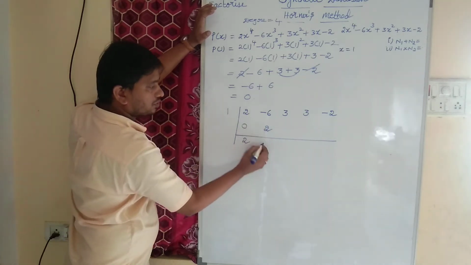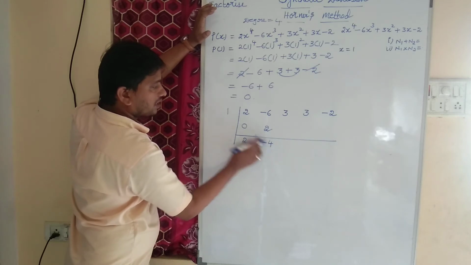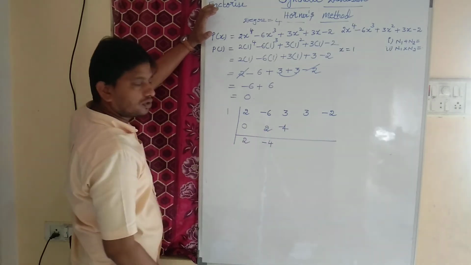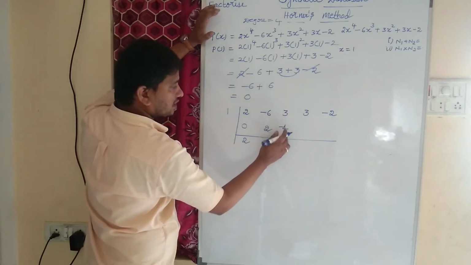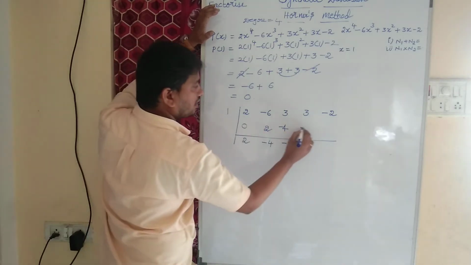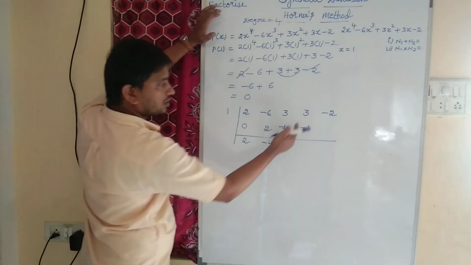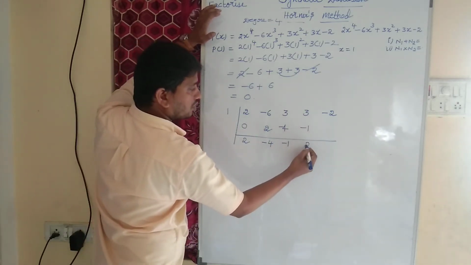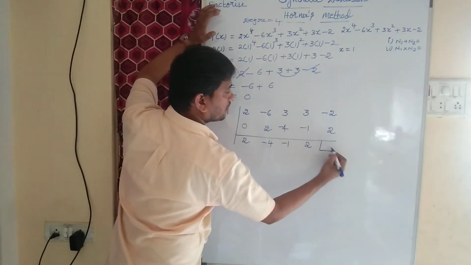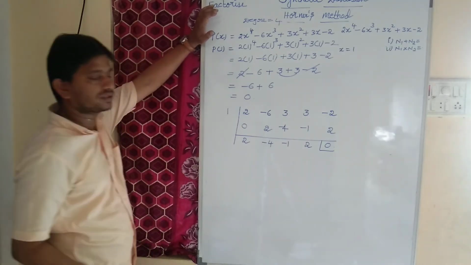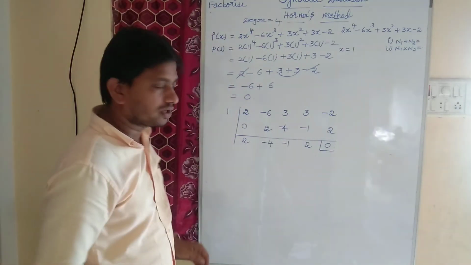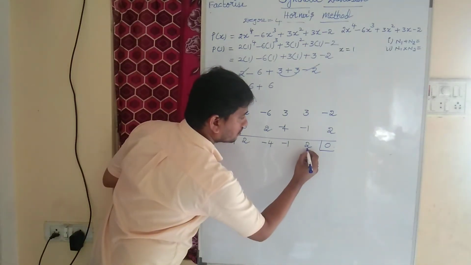Minus 6 plus 2, minus 4. Minus 4 into 1, minus 4. 3 minus 4, that is equal to minus 1. Minus 1 into 1, minus 1. 3 minus 1, that is equal to 2. 2 into 1, 2. So minus 2 plus 2, which is equal to how much, children? 0. Now one term got reduced. Okay, so this is our constant term.